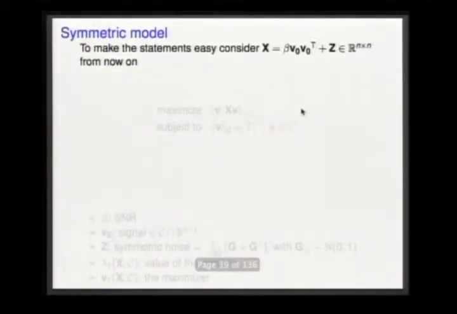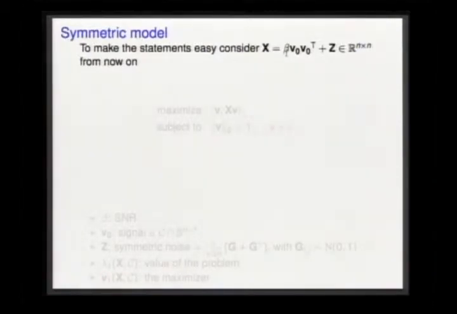So from now on, I'm going to change the model a little bit and talk about a model which is similar in notation. The previous case, we can always switch to by comparing beta not to 1, but to the square root of the ratio of dimensions.